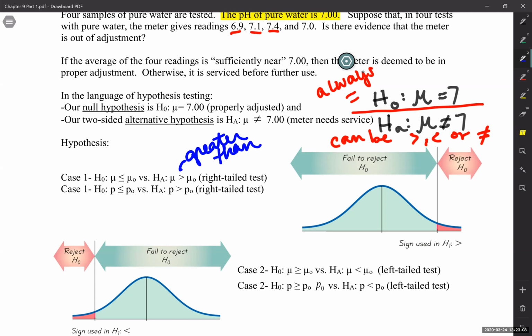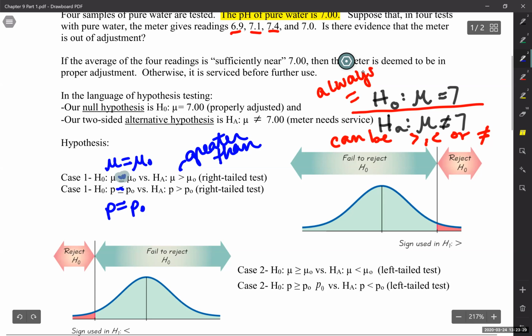What I wrote here, mu is less than or equal to some number that we're given, or you could even have it as just equal. Mu is equal to some number, or P is equal to some number. You don't have to have that greater than or less than part in there. You can have just equality.